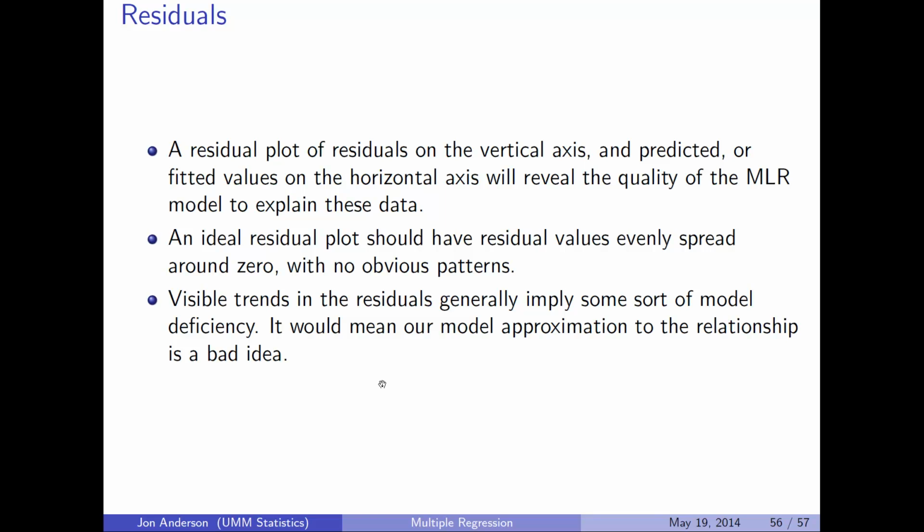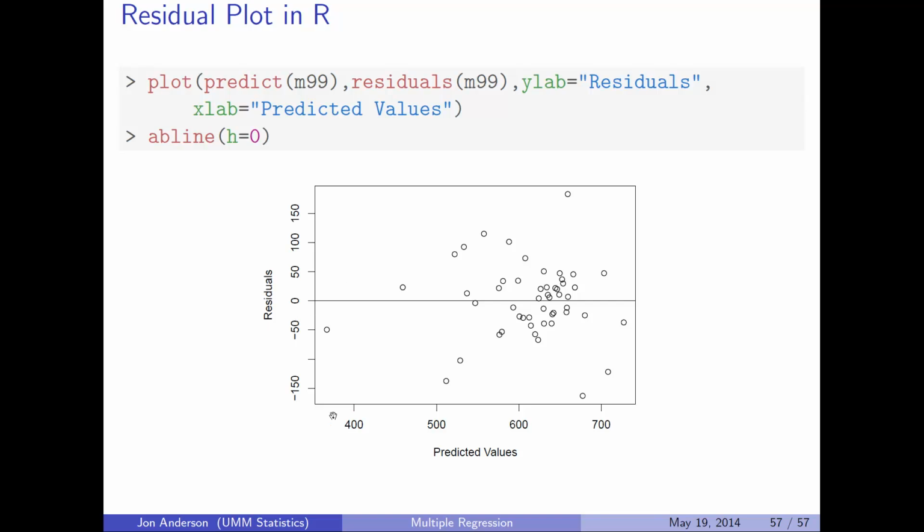Finally, as in all models, we can look at residuals and residual plots. And we're going to spend much more time on this later, but a typical residual plot that will help you understand what's happening is to have residuals from your model on the vertical axis and predicted values, or y-hats, on the horizontal axis.